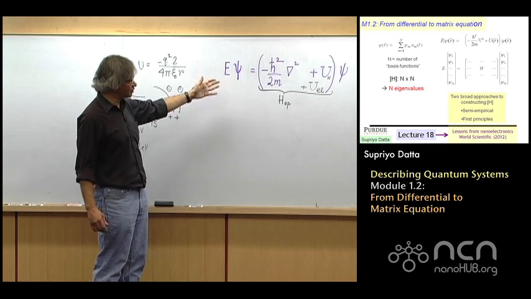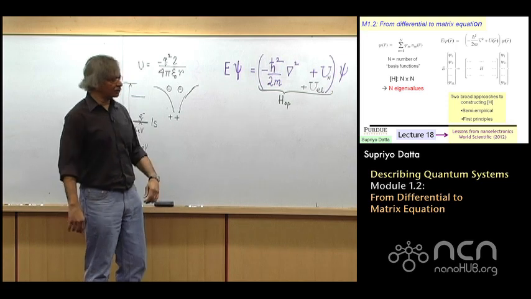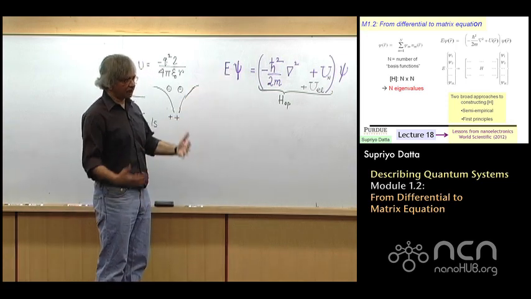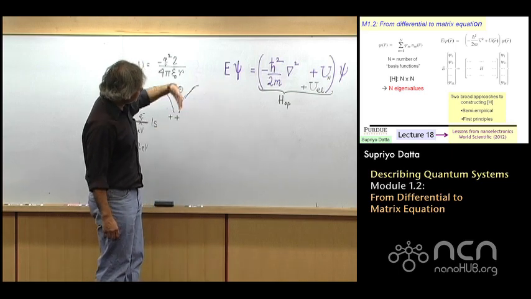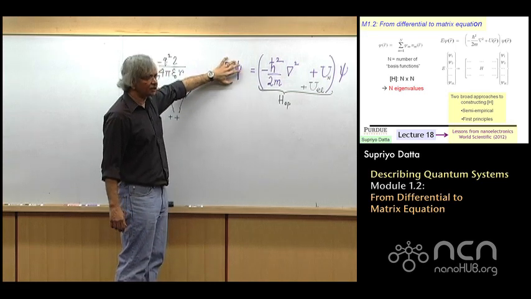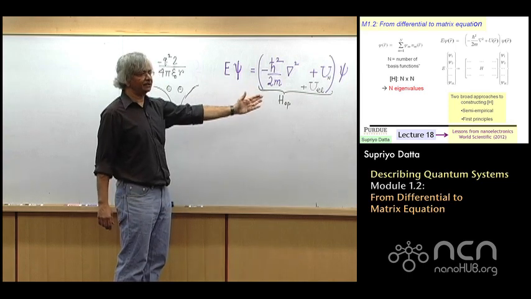I mean, back in the 60s, of course, computers were primitive compared to what they are today, but that was good enough to solve those problems. And then people have looked at molecules and much bigger things like solids. And all of this usually involves turning this differential equation into a matrix equation and then finding the eigenvalues of that matrix.